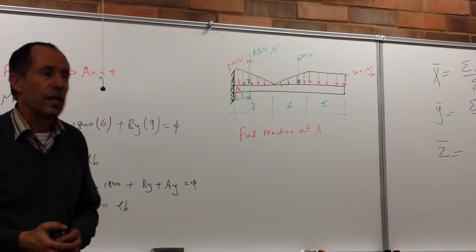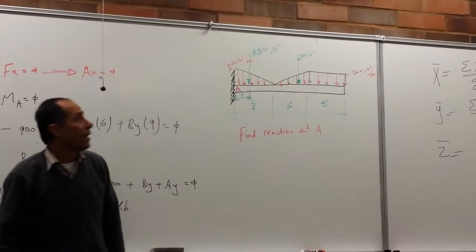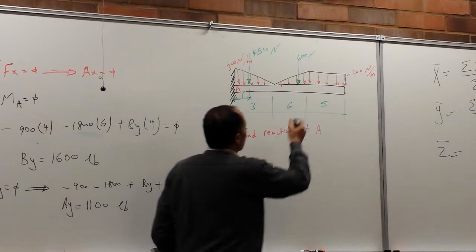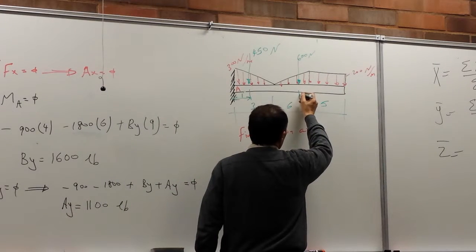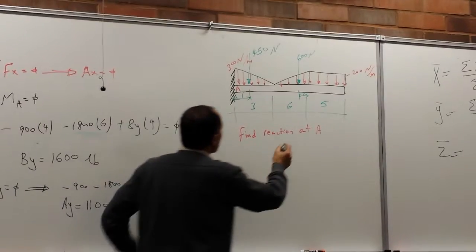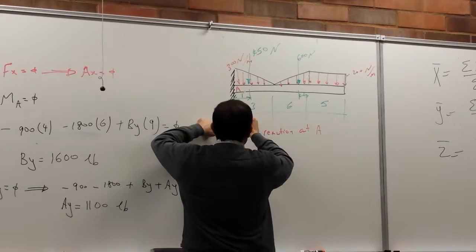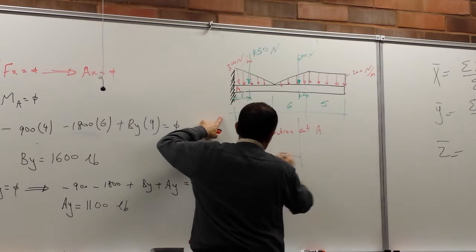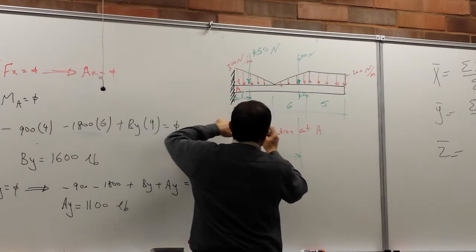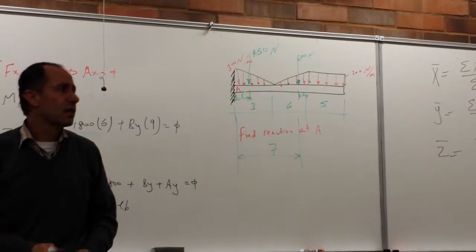The area of a triangle is 6 times 200 divided by 2. The distance here is 2. Agree? 1/3 of 6, which means this total here is 7. Can you see the 7?